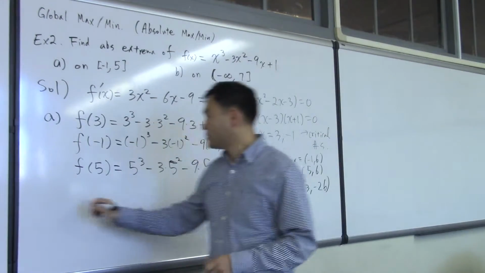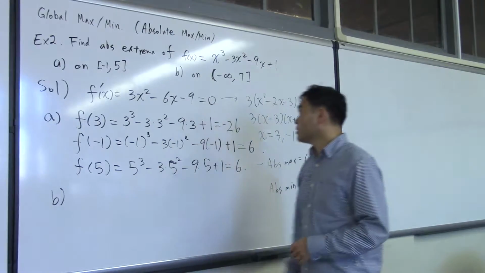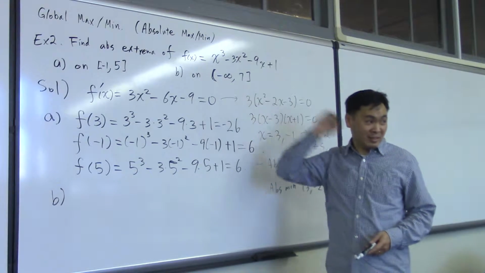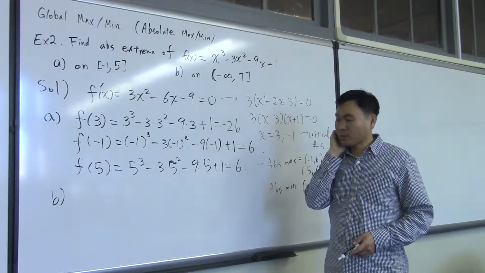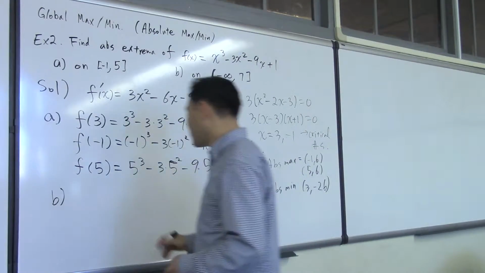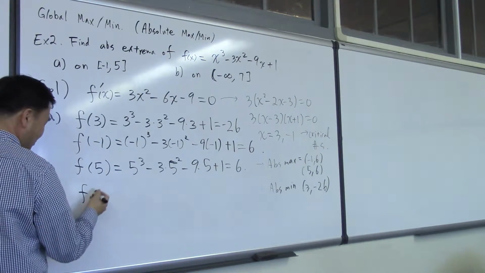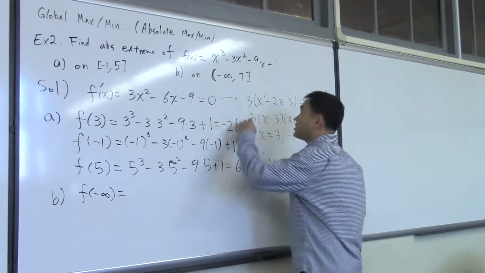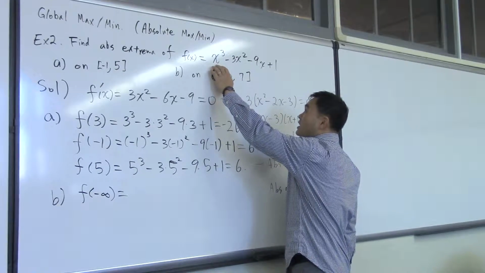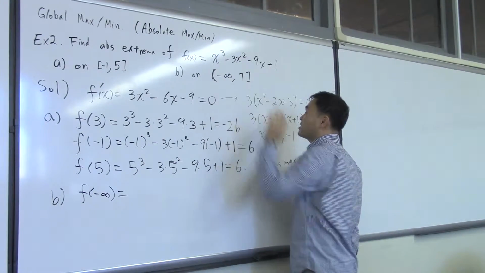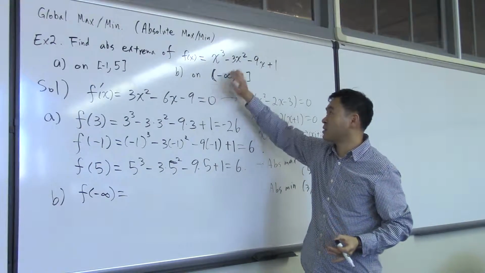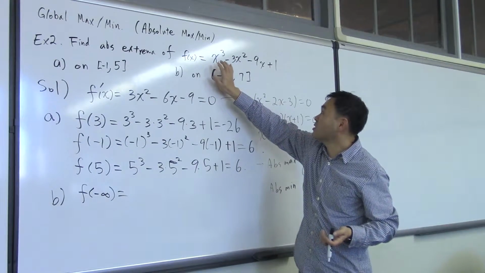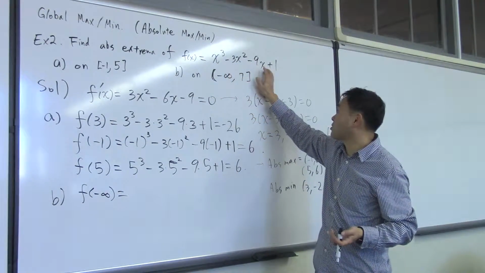Now let's try B. In part B, we have negative infinity. If you try to evaluate the function at negative infinity, what would that mean? Let's instead try something very big, like 1,000. If you plugged in 1,000, you'd have 1,000 cubed, 1,000 squared times 3, and 1,000 times 9.